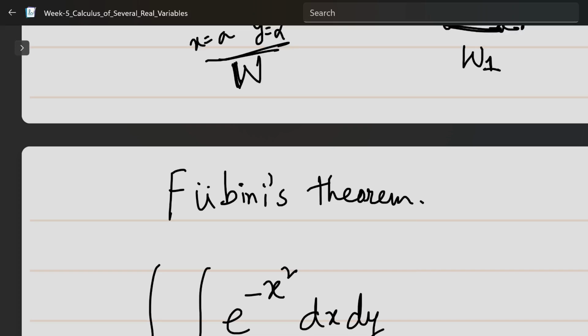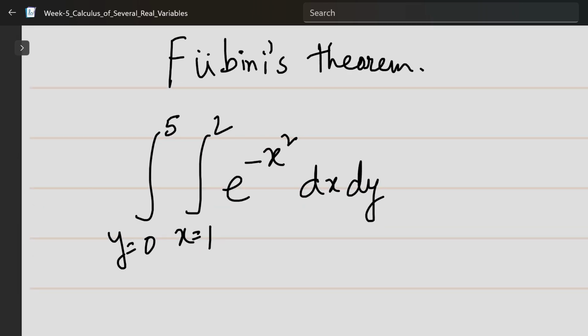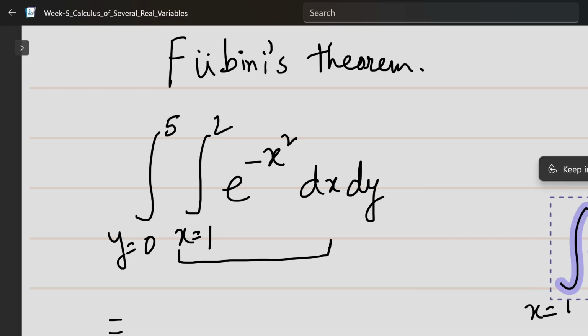Here x is from 1 to 2 and y is from 0 to 5. But this is not possible to integrate directly. Why? Because if you want to integrate with respect to x, you know that the integral of e power minus x square dx you cannot find by computation, right?